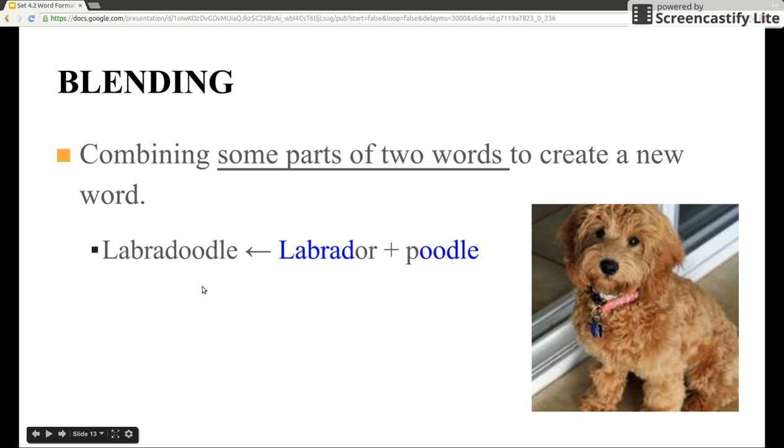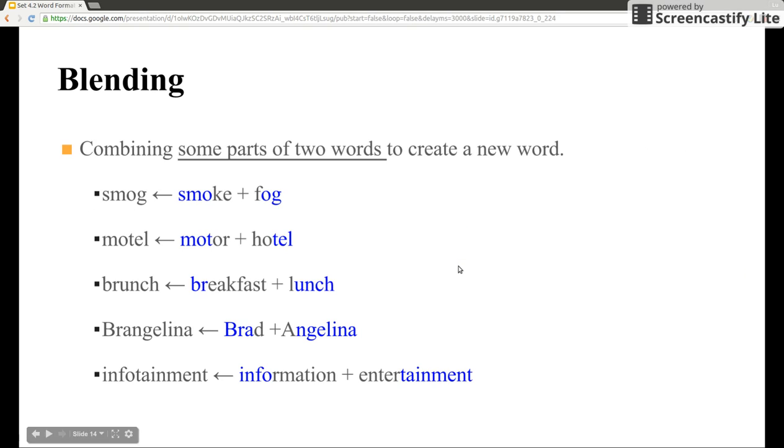The process is called blending. Labradoodle is derived by combining these two words together. And here are more examples: smoke and fog, smog, motel, brunch, and so on.